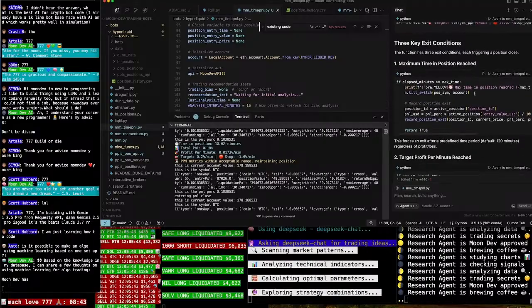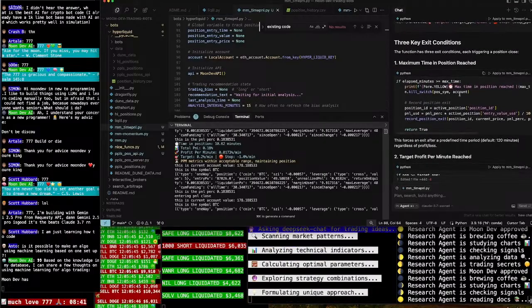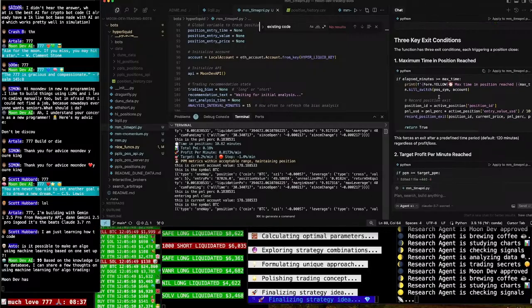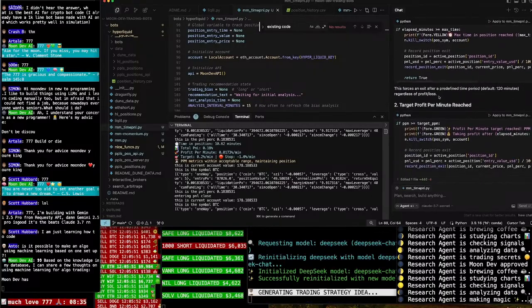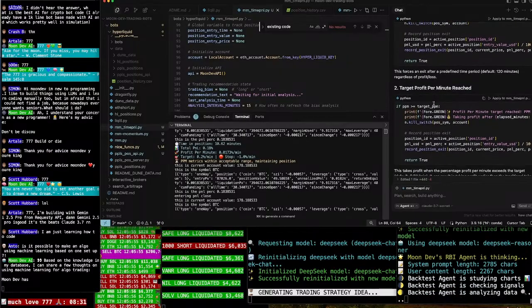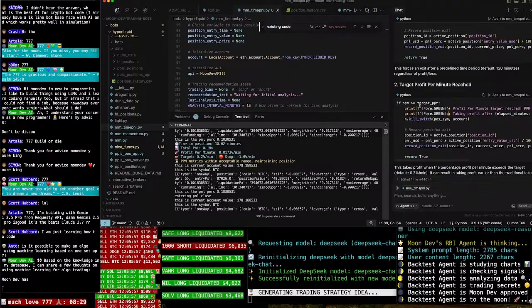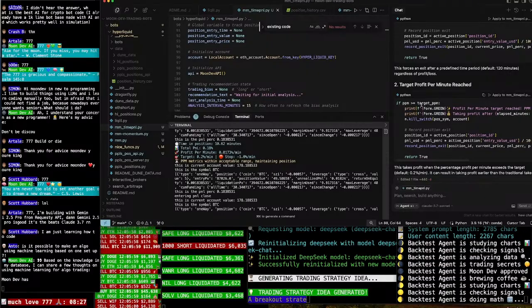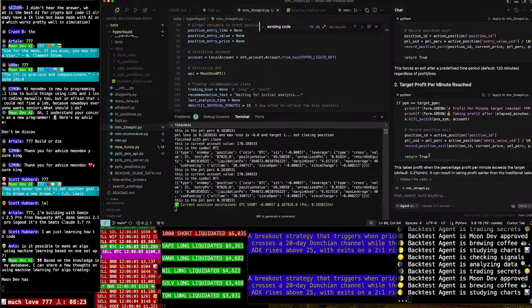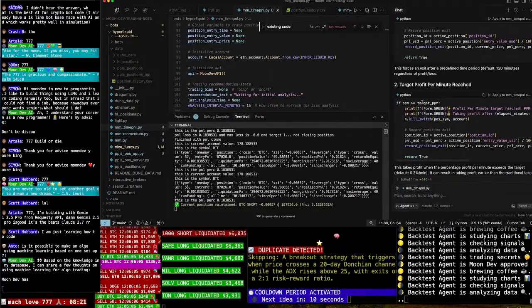Three key exit conditions, the first being the kill switch. Perfect. If elapsed time equals max time, okay, perfect. If target profit per minute is reached, okay, profit per minute over target PPM.